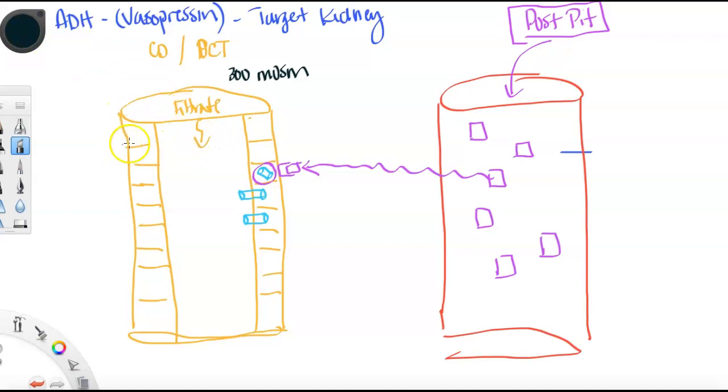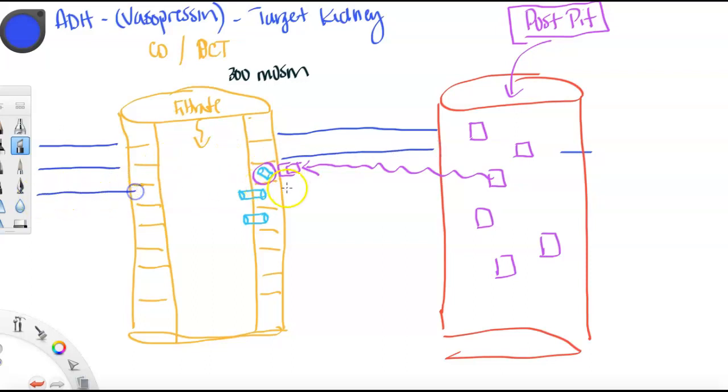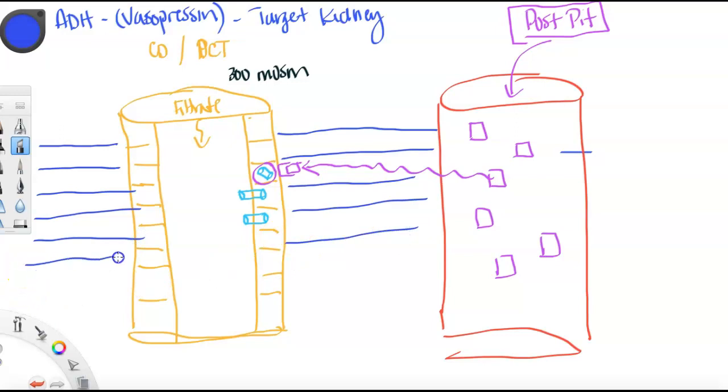But as it comes down, if you remember from the anatomy of the tubules, this collecting duct is sitting in that crazy gradient. If you remember, this is the medulla, and medulla going down is getting really salty, right?